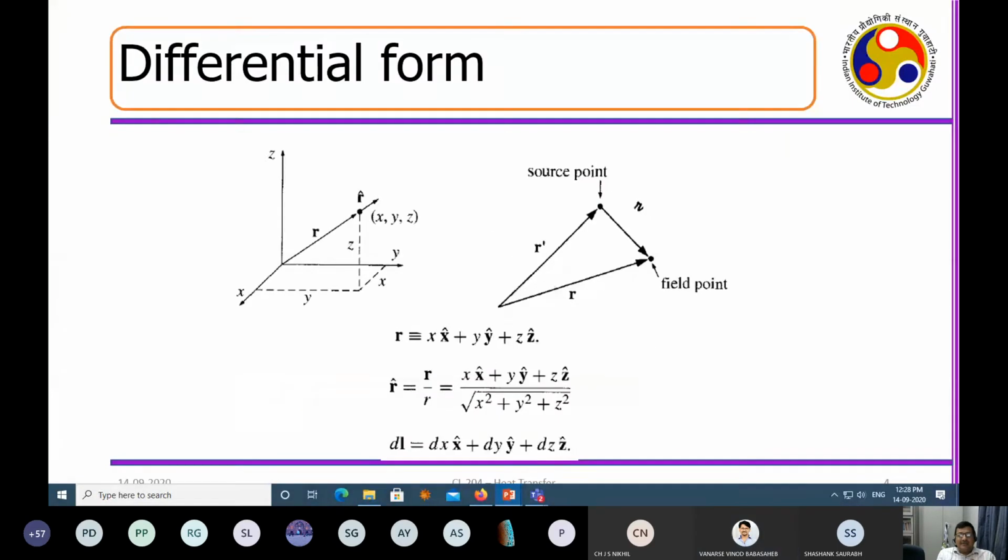So now, with this basic information, suppose when I start modeling, I have a coordinate system like this, and then I have a position vector which is r at a particular point. That also I can define as x, y, z. And this can also be defined in the vectorial form. So how do I define a position vector?